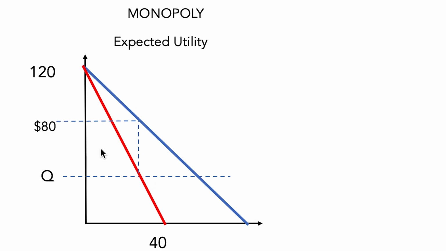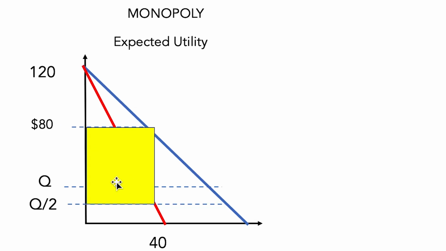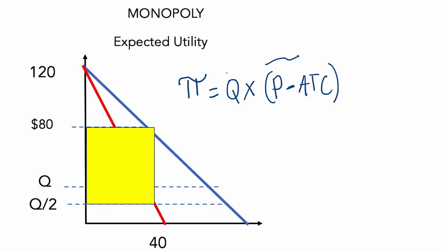Okay, listen, to get the profit in this particular case, you need to consider what's the average total cost. Because the profit is equal to the quantity times the price at which you sold the good minus the average total cost. So this is the profit per unit multiplied by how many units you sold.